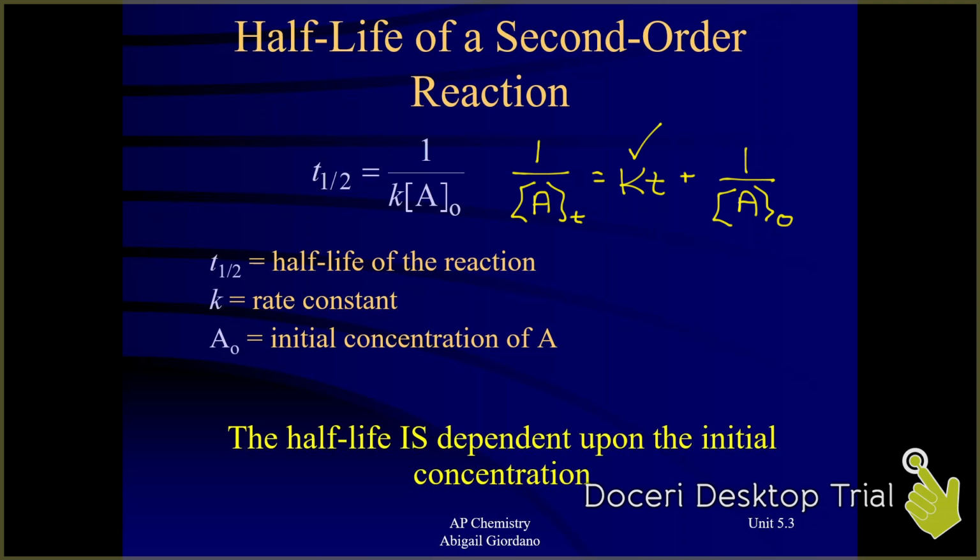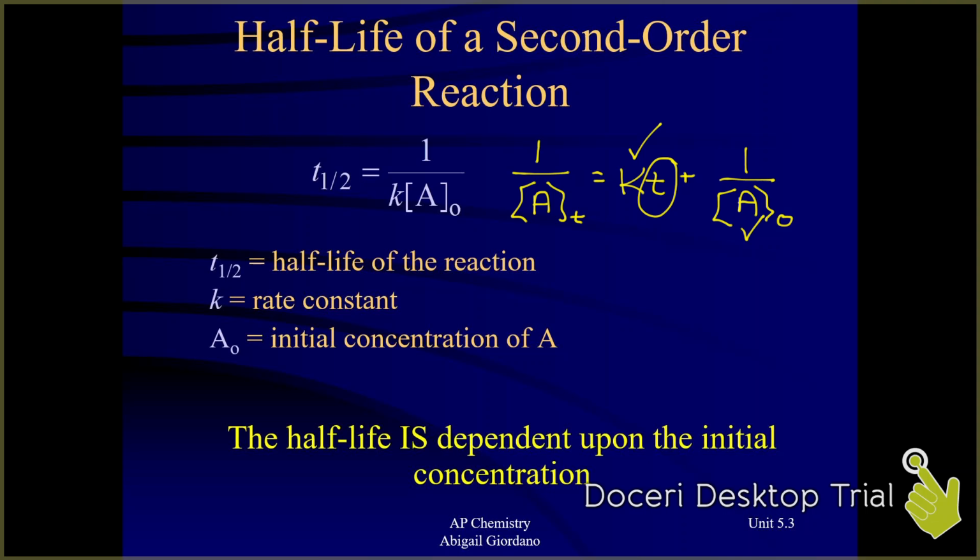First of all, guys, you would have to be given the rate constant value. This would be your unknown. Remember, half-life is a length of time. You would also have to be given the initial concentration, because second order half-lives are dependent upon the initial concentration.